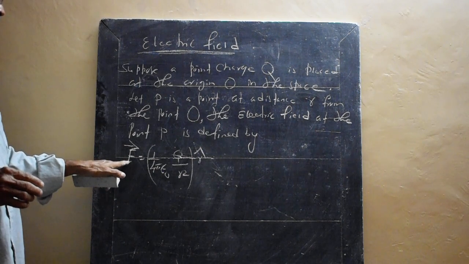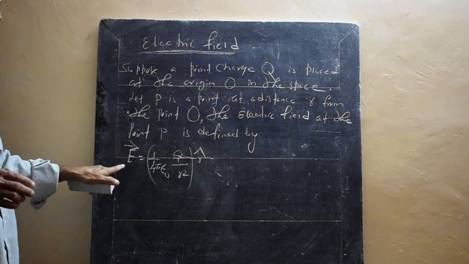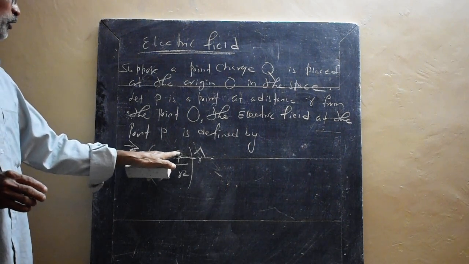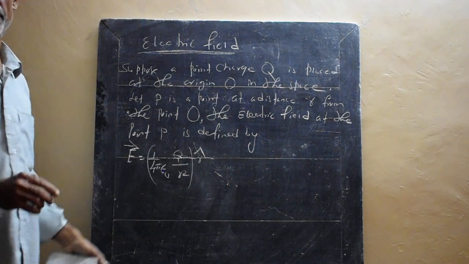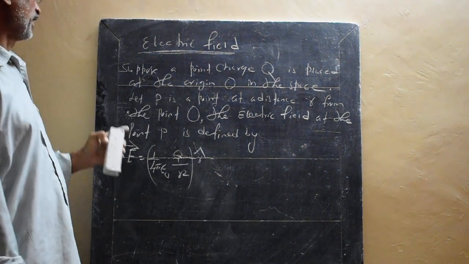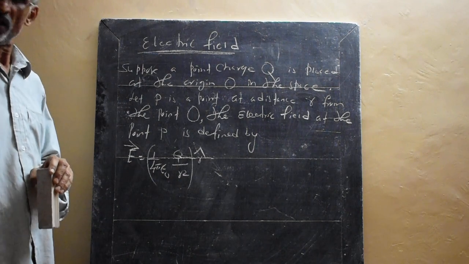The electric field at that point is given by E bar is equal to 1 upon 4 pi epsilon naught into Q upon R square into R cap. What is this R cap? R cap is a unit vector in the direction of R bar. What is this R bar?